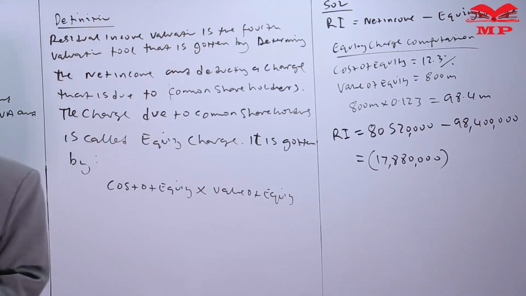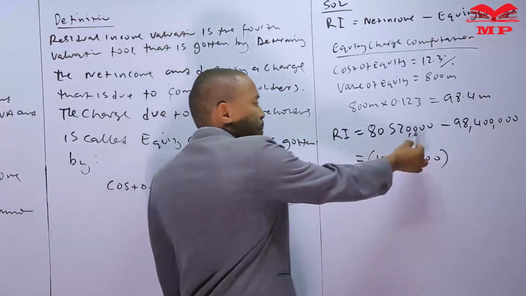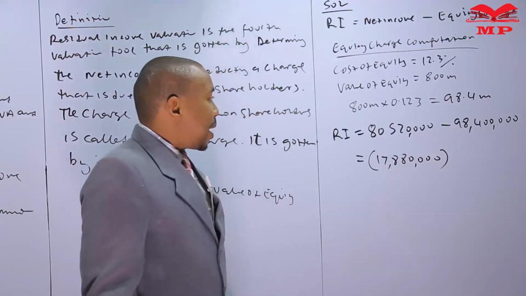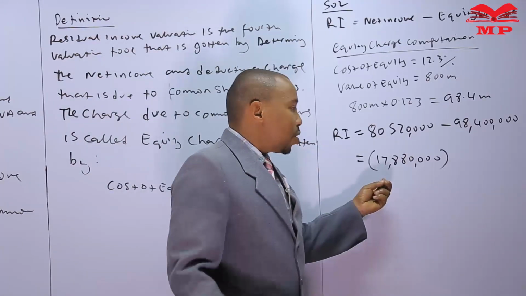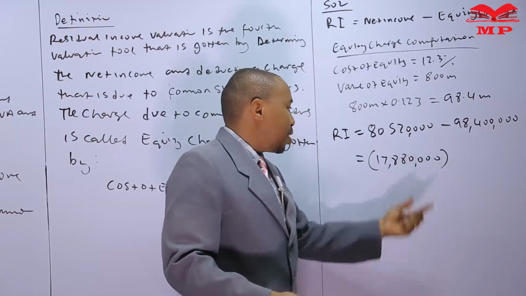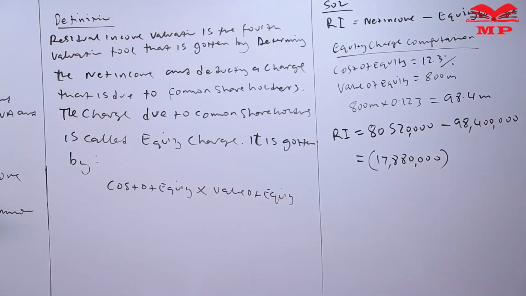In the traditional accounting sense, it seems profitable. But after charging the equity charge due to the equity shareholders, we receive a negative value. So it may not really be profitable in the truest sense, from the financial analyst's side. So we have done that example.